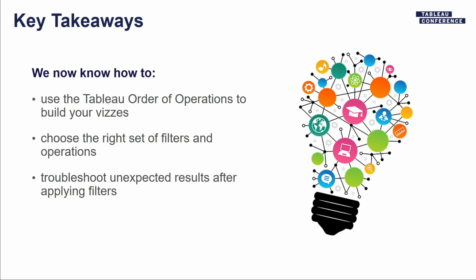And we have seen that. We have also seen how to troubleshoot unexpected results after applying some filters. If you print the query pipeline and stick it to your desk as we do at Tableau, then when something like that happens, you can leverage the query pipeline to get to the right result.